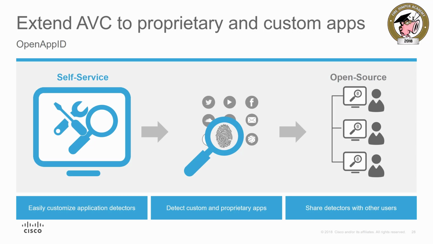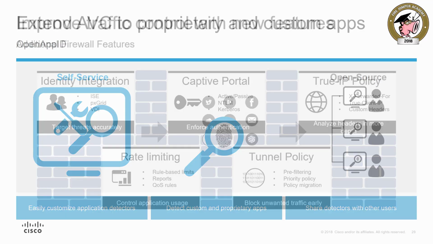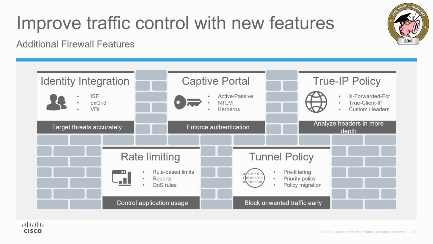On top of this, extensive visibility and control, the next-gen firewall enables you to easily manage unwanted traffic with new policies and controls added to the next-gen firewall's industry-leading feature set of firewall and AVC capabilities.